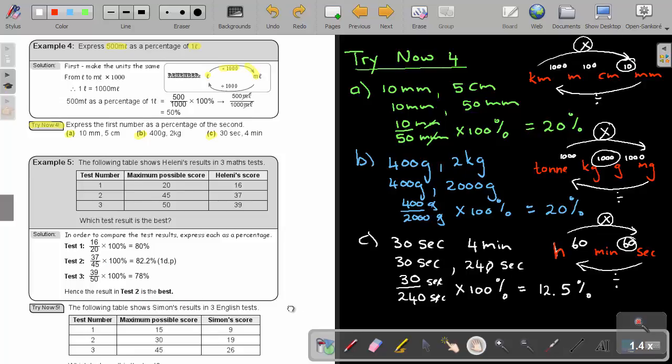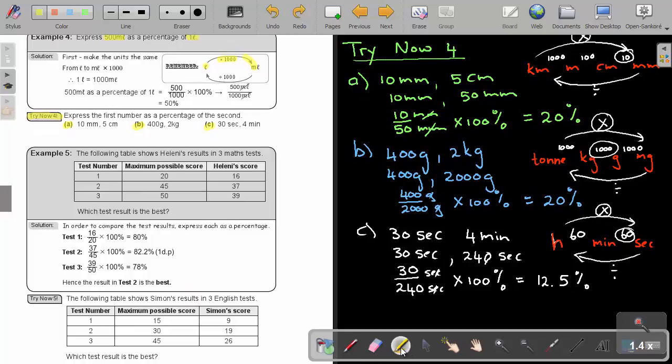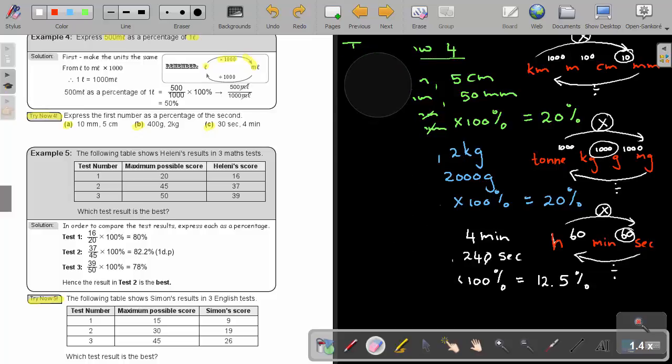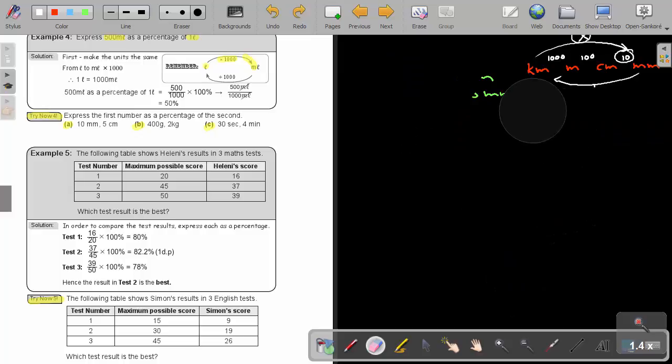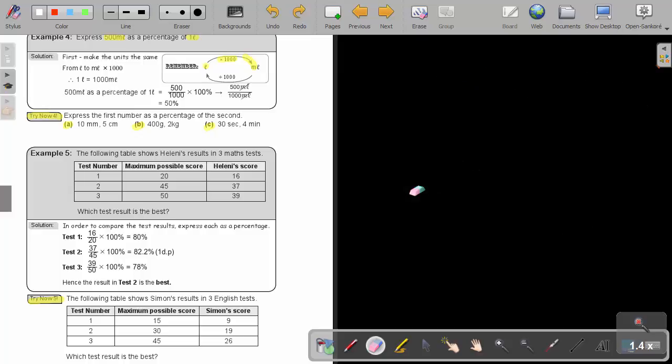Okay, I think just to end this session, let's try number 5. Stop the video, and as soon as you are finished, you can continue with the video. Just might want to make space. So let's go to try now 5.